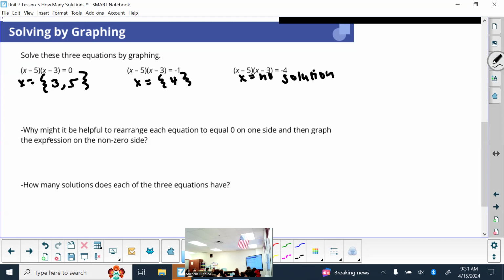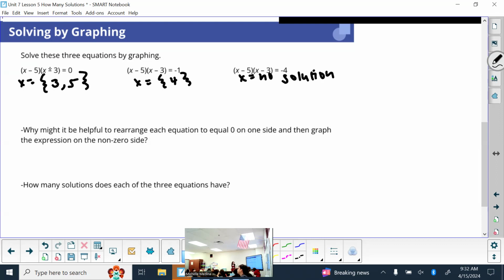Let's try answering this. So why might it be helpful to rearrange each equation to equal 0 on one side and then graph the expression on the non-zero side? So did anyone actually try that yet? Okay, then let's try it together.